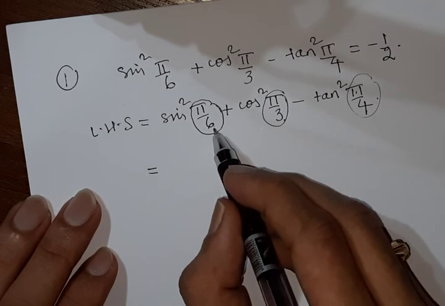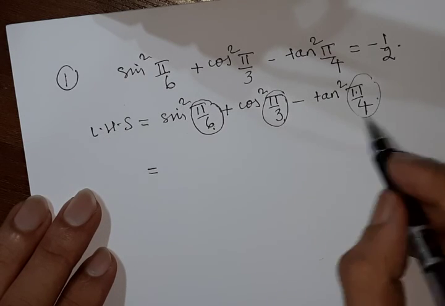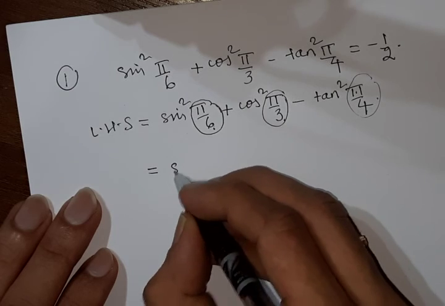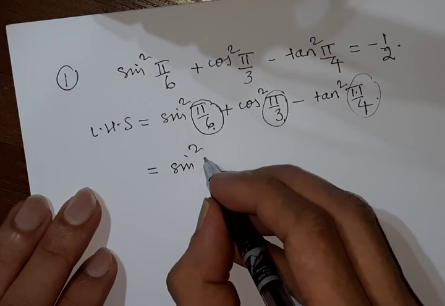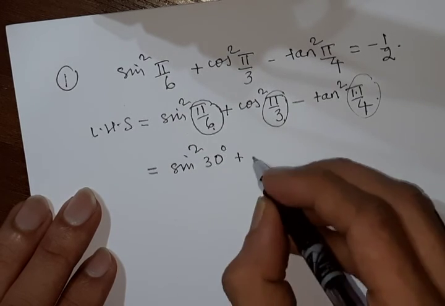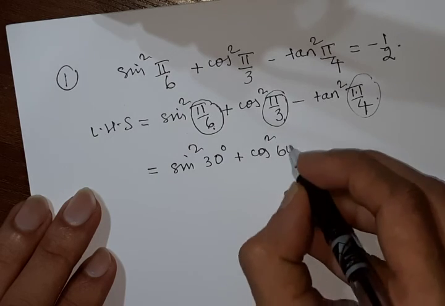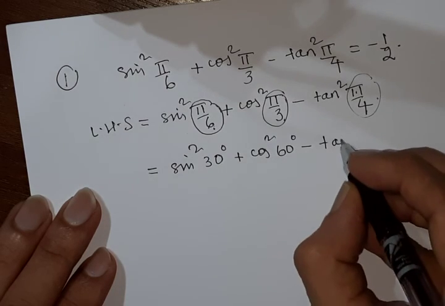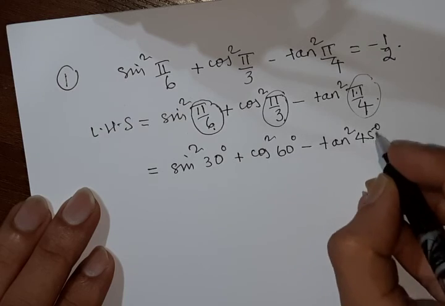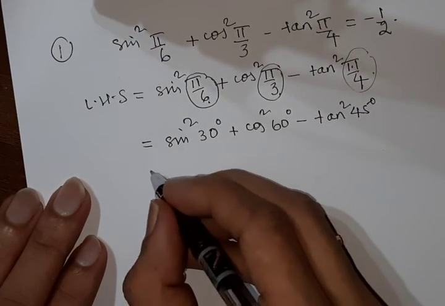So π/6 is 30 degrees, π/3 is 60 degrees, π/4 is 45 degrees. So what we will get is sin² 30° + cos² 60° − tan² 45°.